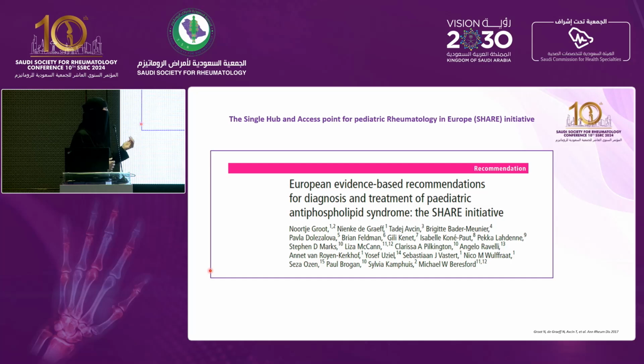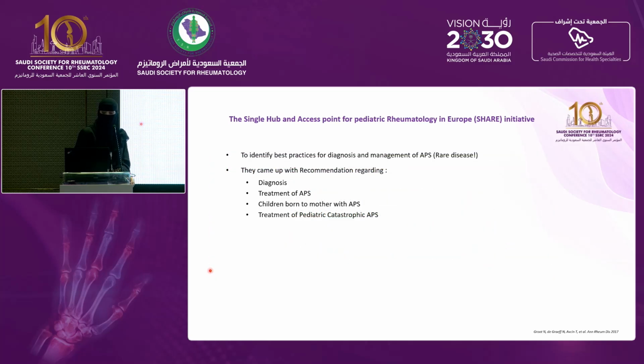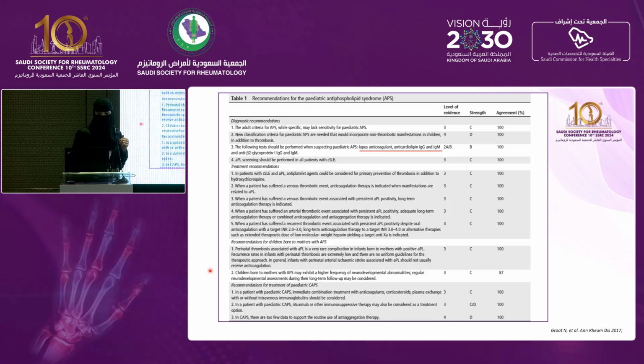So they came up with European evidence-based recommendations for diagnosis and treatment for the pediatric age group. Their aim was to have better practice in diagnosing and treating patients with antiphospholipid syndrome, and they also discussed a group that was not discussed in the adult age group, which is children born to mothers with antiphospholipid antibody, with antiphospholipid syndrome.